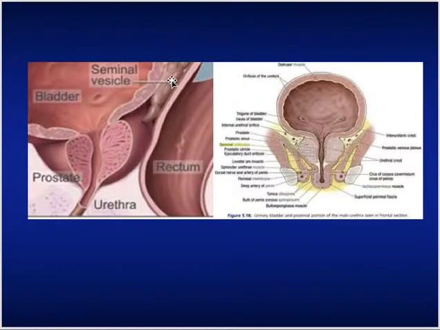There are seminal vesicles behind the bladder, where the ejaculatory duct passes and opens into the urethra. And again, this is an anatomic photograph of the prostate.